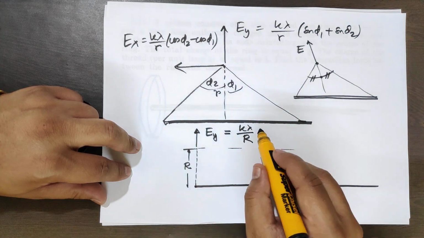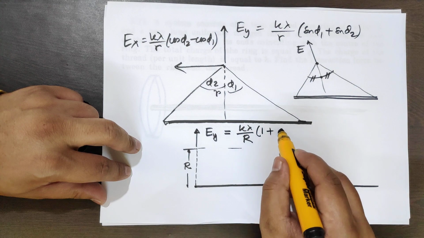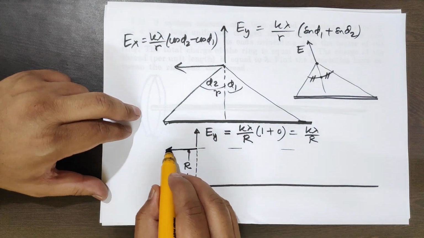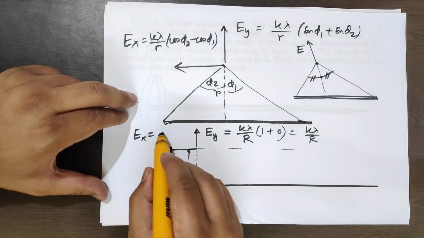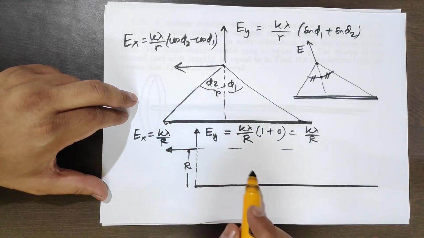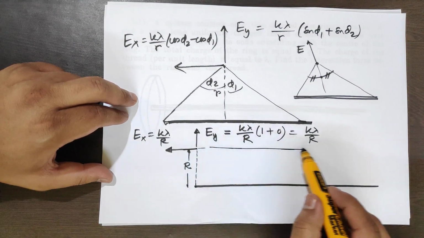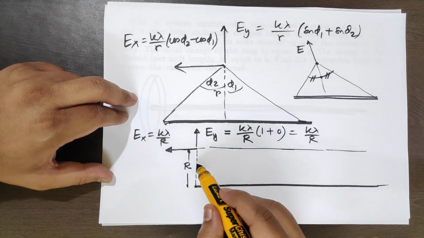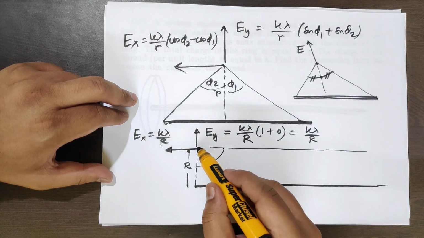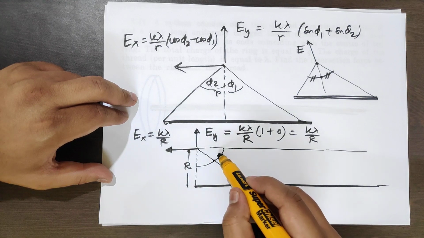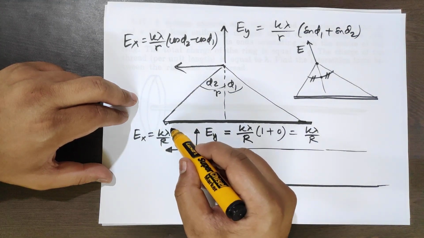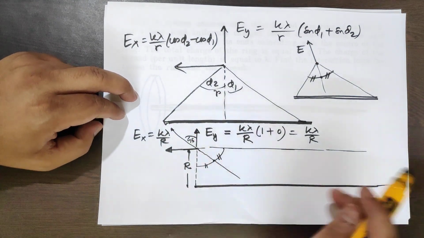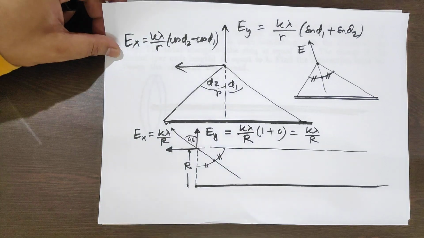Phi 1 is 90 and phi 2 is 0, so that's 1 plus 0, so k lambda by r. And obviously the x component will be the same, k lambda by r, because the field goes through the bisector. This is very long, so the subtended angle is 90 degrees, so it will make 45 degrees. So Ey is equal to Ex, and Ex is k lambda by r.